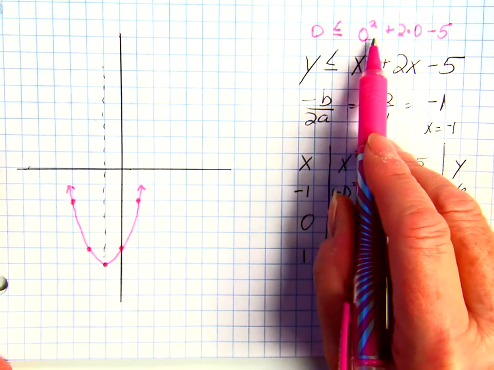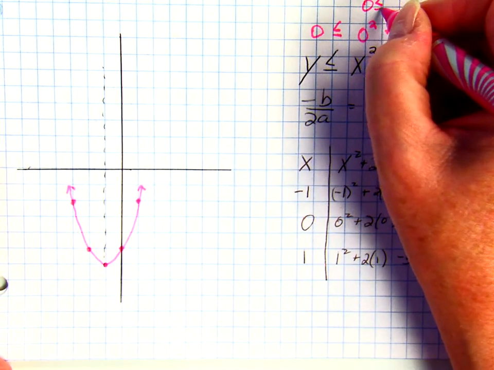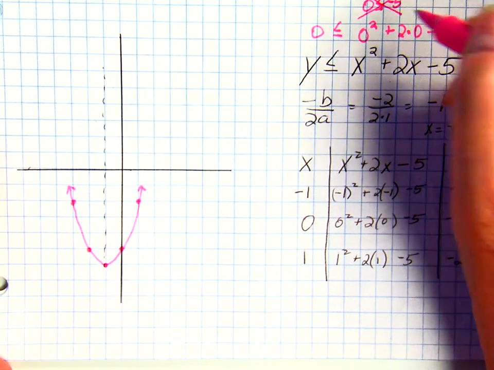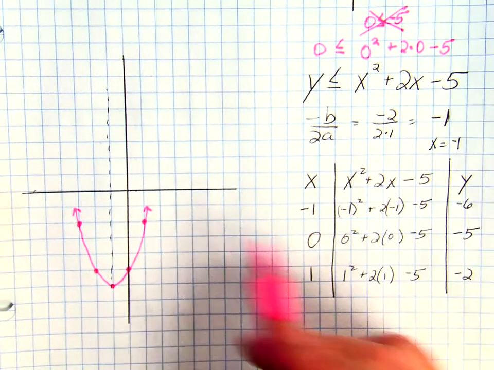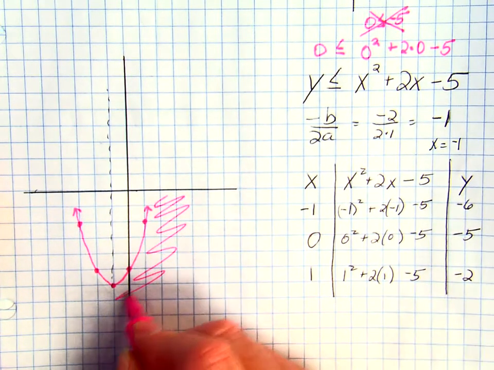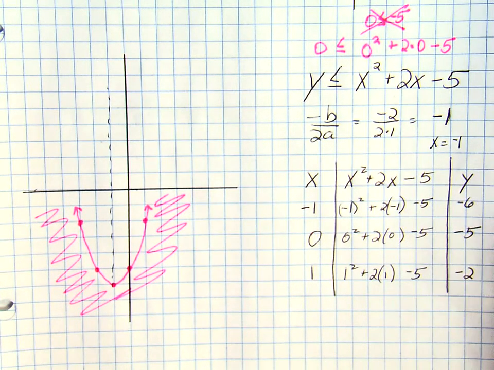So 0 squared, 0, 0. So 0, is that less than or equal to negative 5? No, it is not. It is actually greater than negative 5. Can you see that out there? So that means I'm not shading inside, I am shading outside of this parabola. And that is how we are going to work with our inequalities.